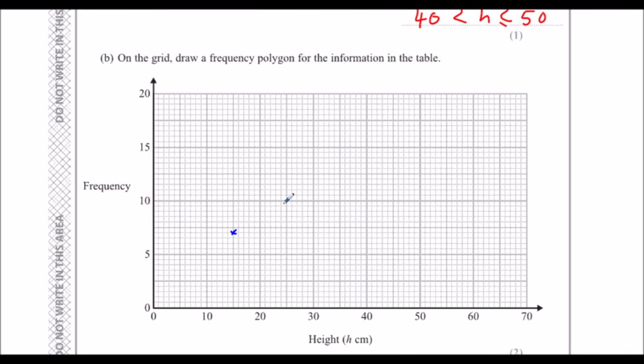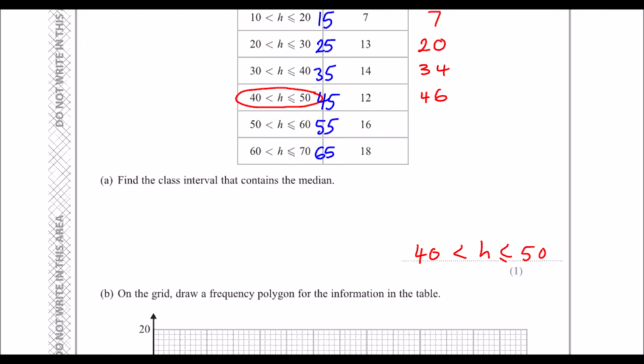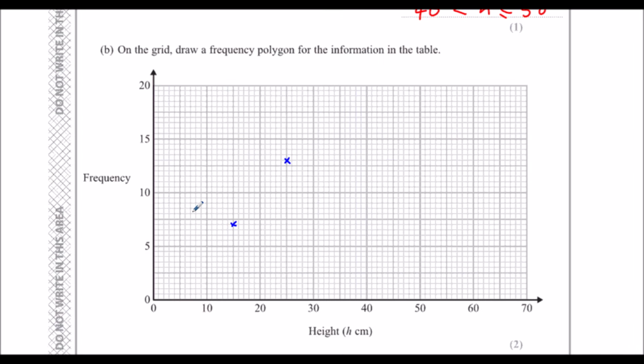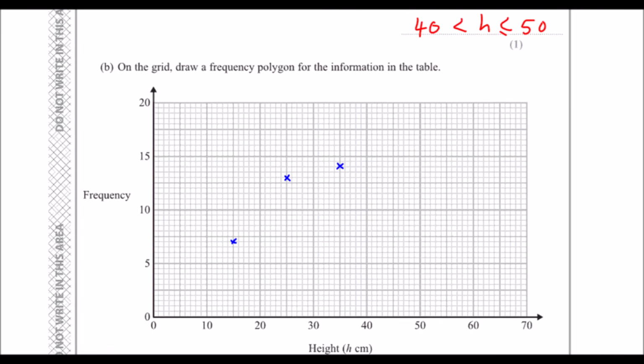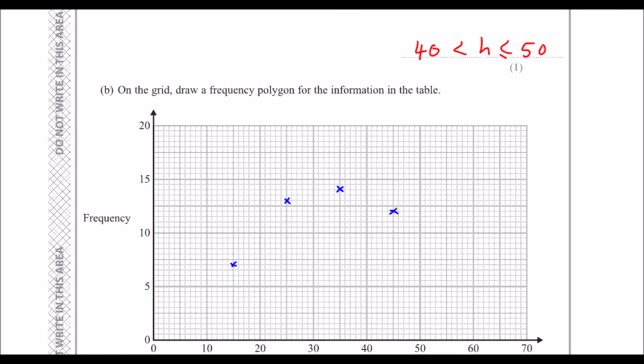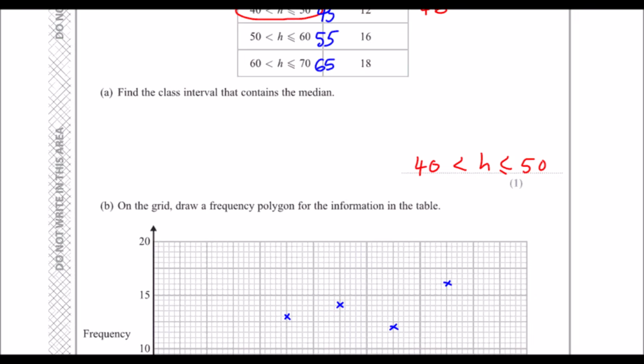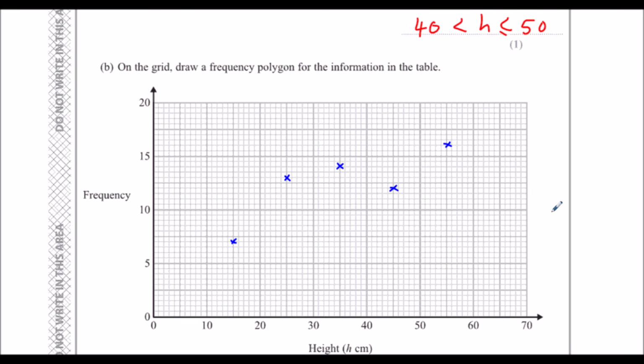Then 35, 14. 45, 12. 55, 16. And 65, 18. So we've plotted the points.